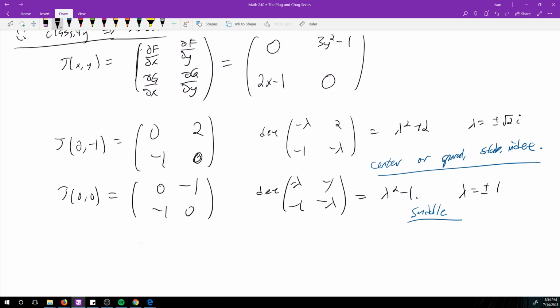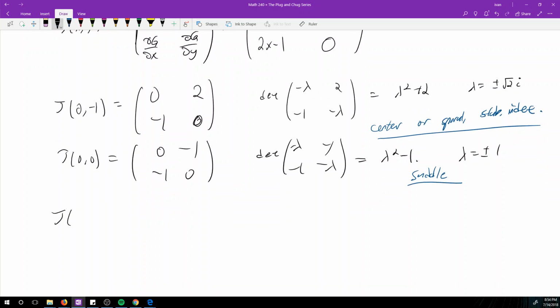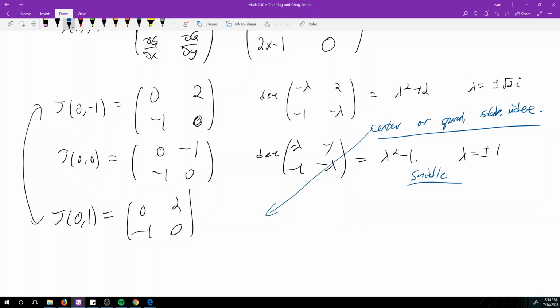And then now J at (0, 1) is actually the same matrix as up here, the same as the first guy. These two have the same J's. And so this is also a center or a spiral point. Okay, so this guy at (0, 1) is also a center or a spiral point.